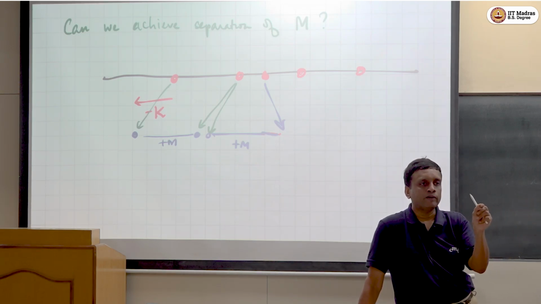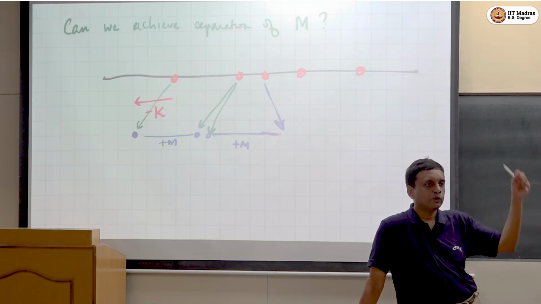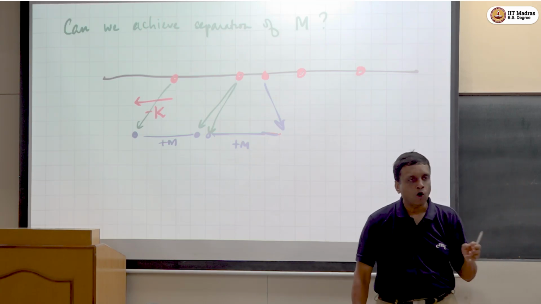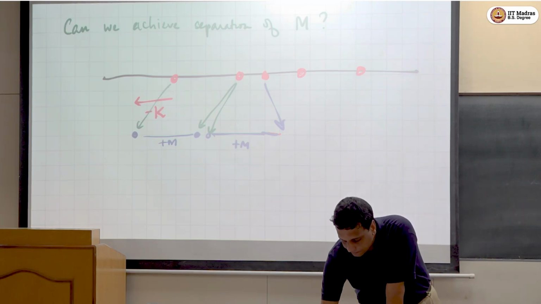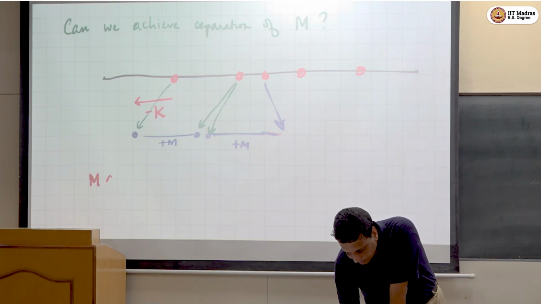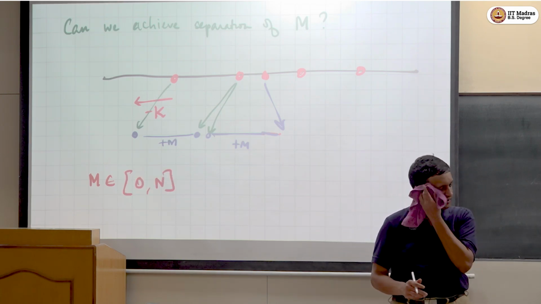And for each value of M, you can quickly determine by doing one scan in linear time. So in log of say n steps, right? So you do binary search on, let us just say that in a trivial sense, M lies in this range, right?